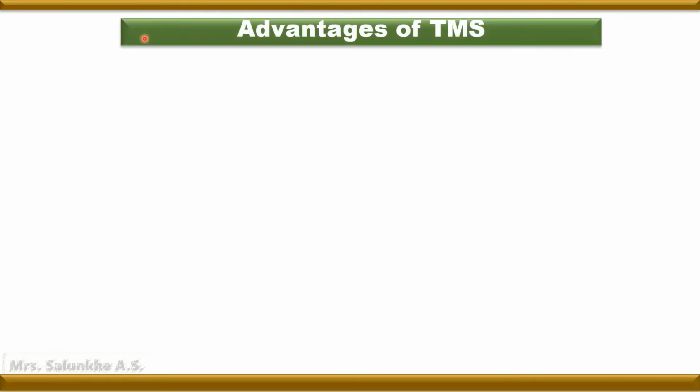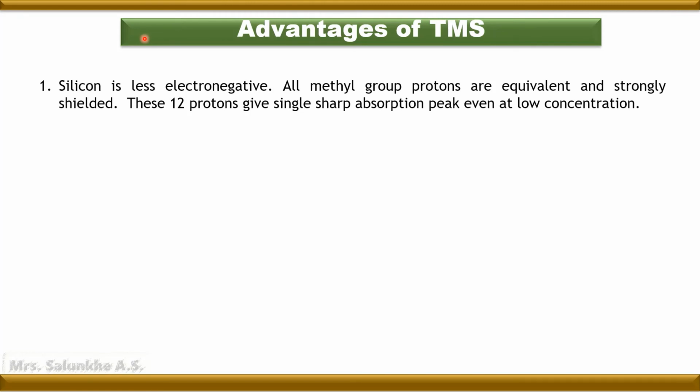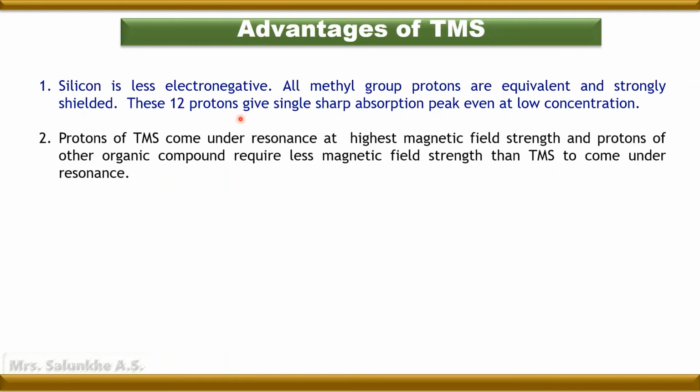Advantages of TMS. In case of tetramethylsilane, silicon is less electronegative. Therefore, all methyl group protons are equivalent and they are strongly shielded. These 12 protons give a sharp absorption peak even at low concentration.